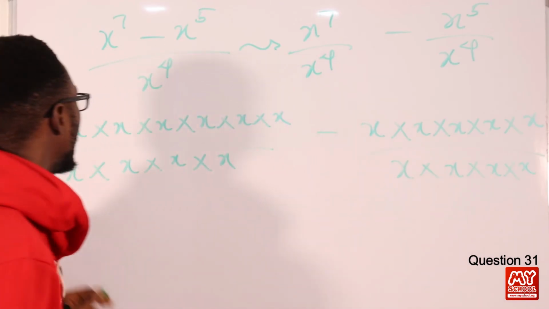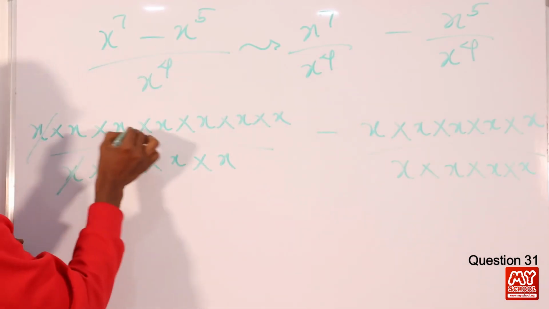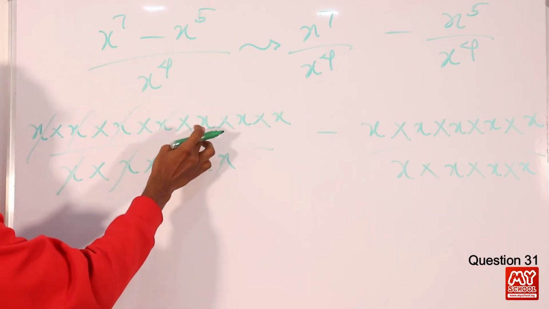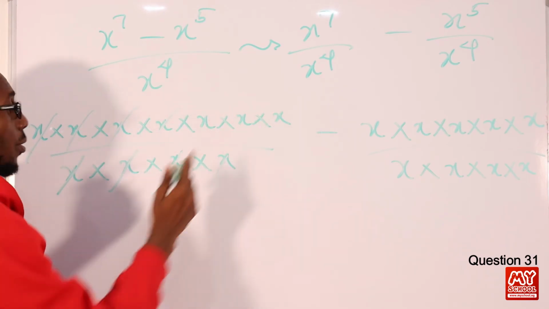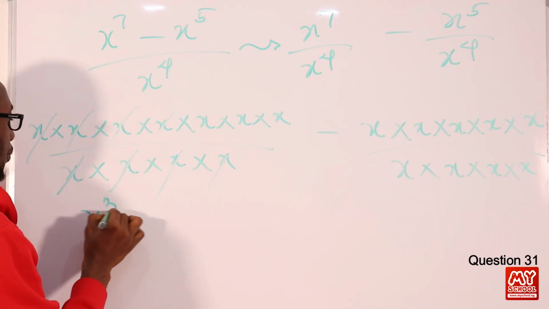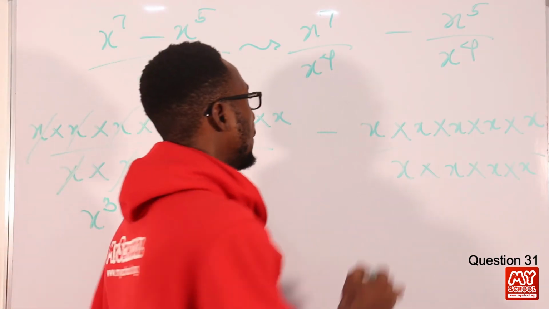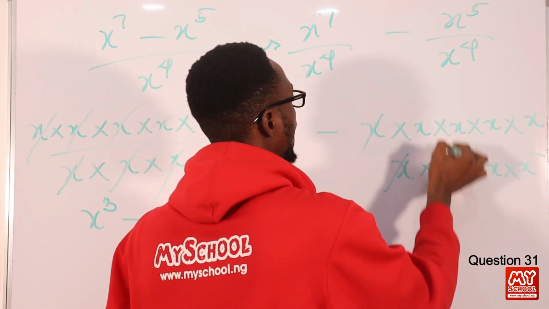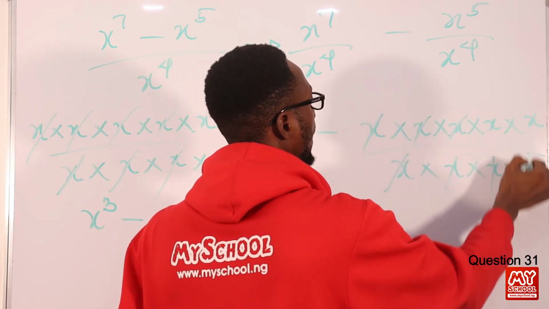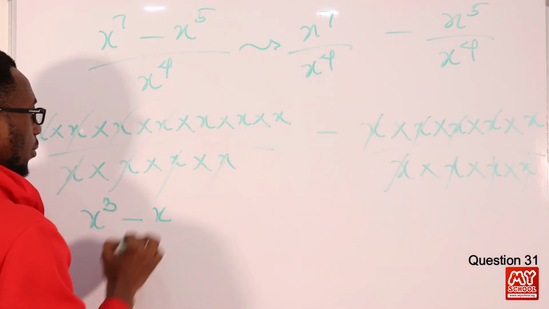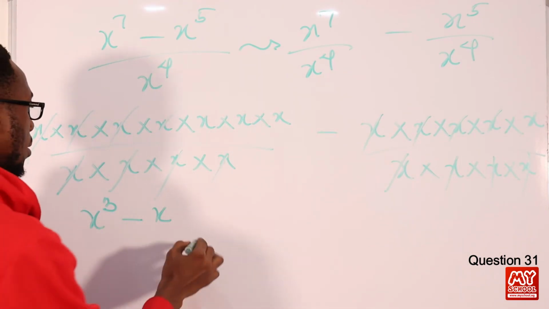Okay, so how many do I have left? 1, 2, 3, right? Okay, then from here, left with 1.